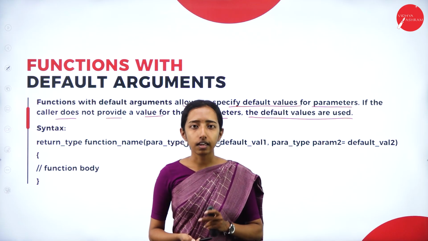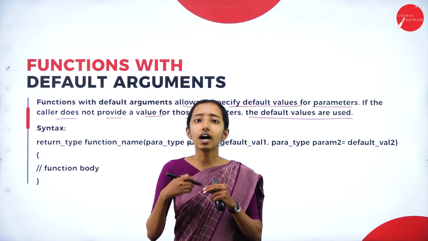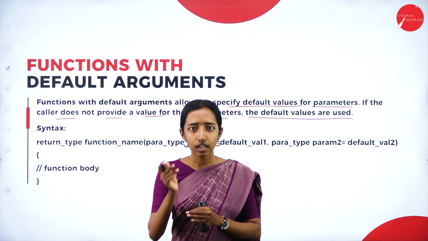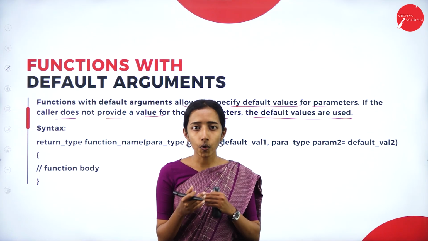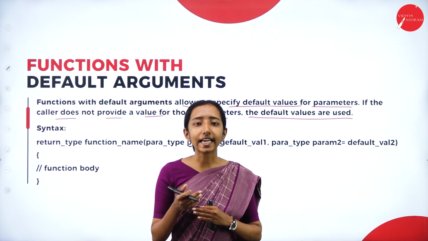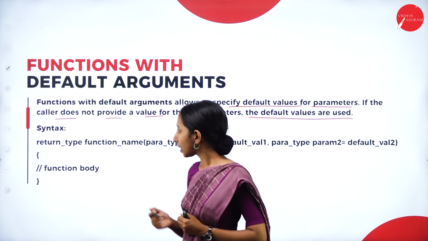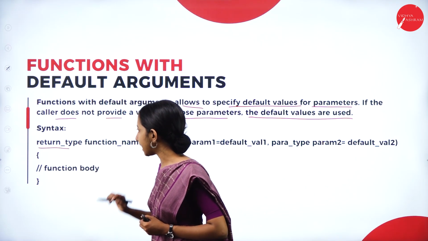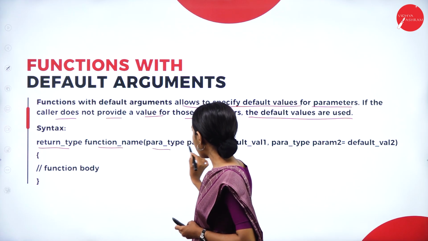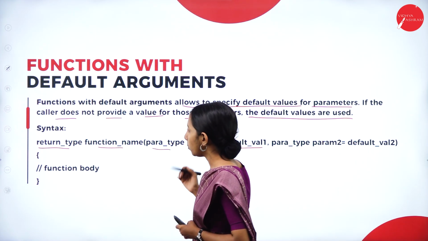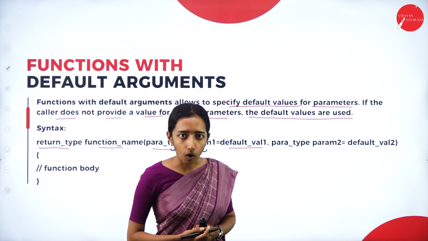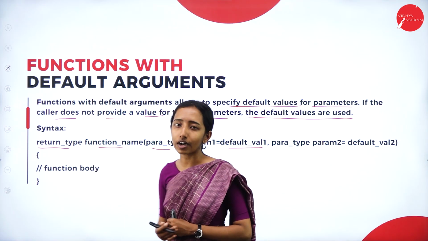So as the name says, it is a default value that we are giving for a parameter of a function. In the syntax, we have the return type, the function name, the parameter type and the default value. We can take as many as we want, and here we will have the function body.